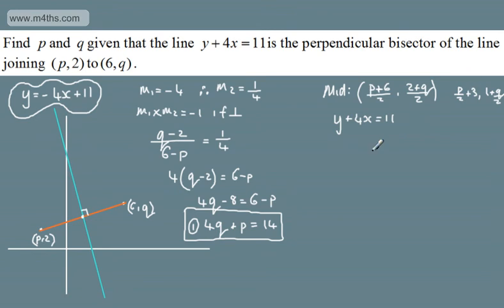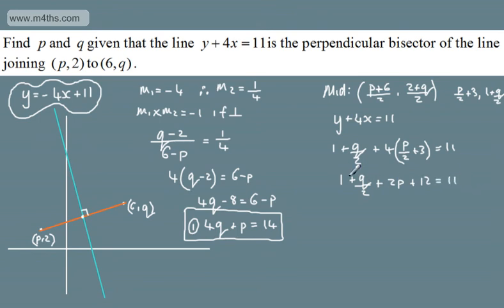I'm going to use this one right here, and we can say now that 1 plus q over 2, that gives us a y coordinate, plus 4 lots of (p over 2 plus 3) will be equal to 11. So if we look at this, we've got now 1 plus q over 2 plus 2p plus 12 is equal to 11.